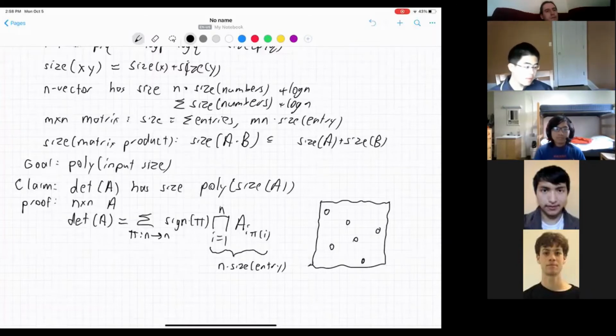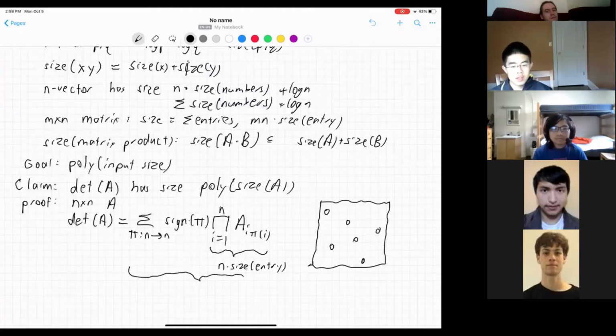Okay. Now I just said we add a tremendous number of these, right? N factorial terms. What does that do to the size of the output? It adds log of n factorial to it. Exactly.